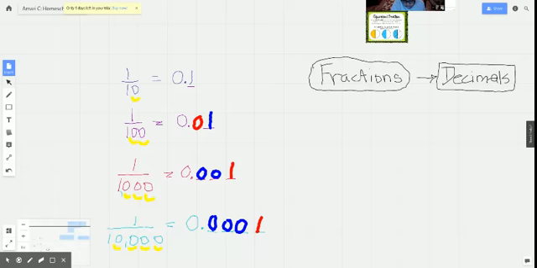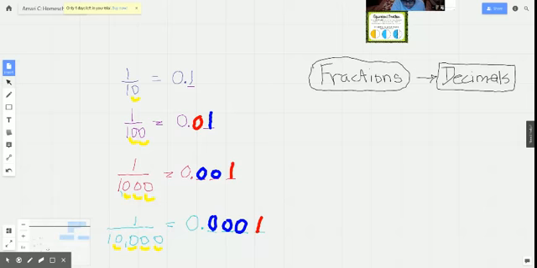Which is the largest number here? 1 divided by 10 thousandths or 1 divided by 10? Which is the largest? That's correct, 1 divided by 10.